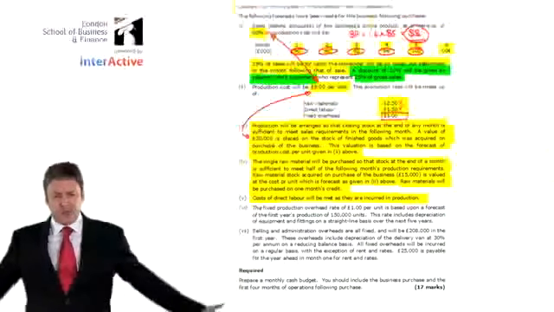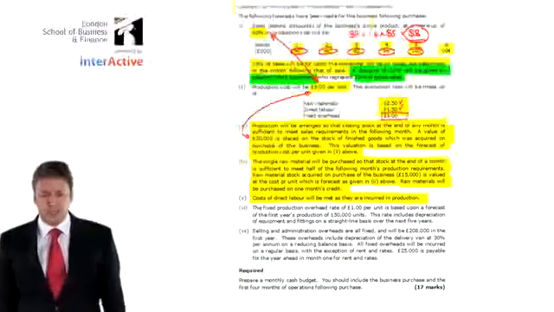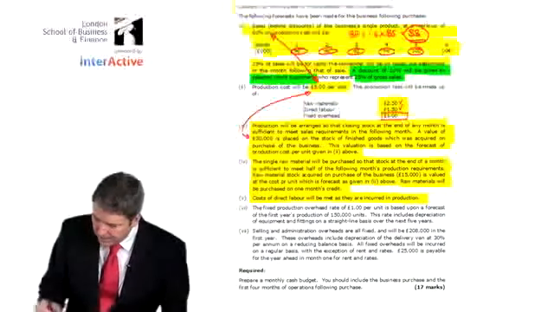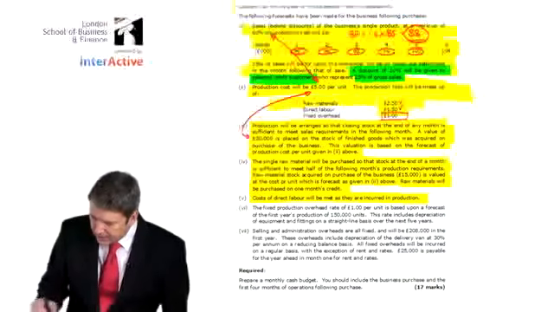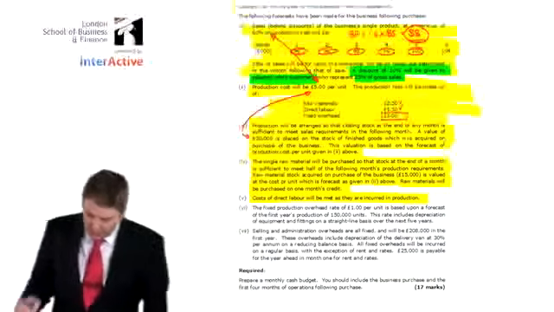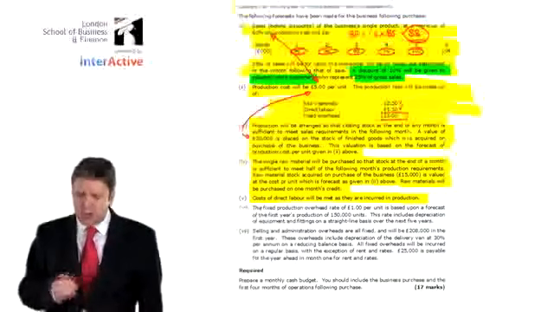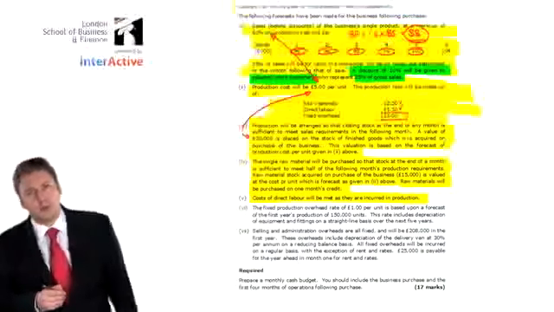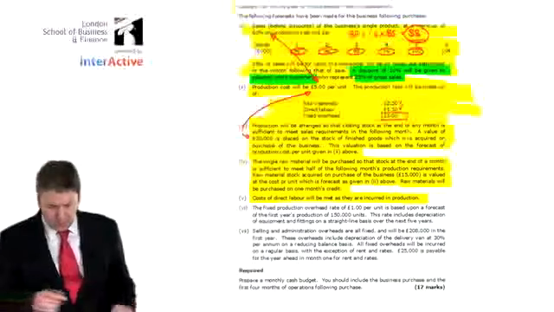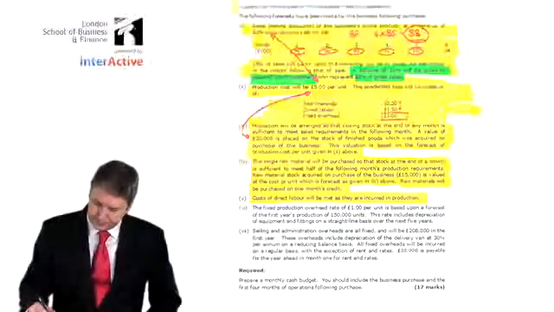Yes, the vast majority of this question has been dealt with. You could say we've dealt with all of this area here. And if that's the case, it starts making you feel a little bit happier. We've just got a couple of comments at the bottom. Oh, and this paragraph at the top. So this is not going to be difficult for us at all. So let's move on to comment 6.